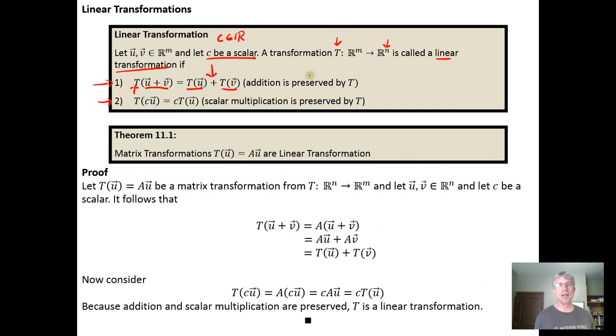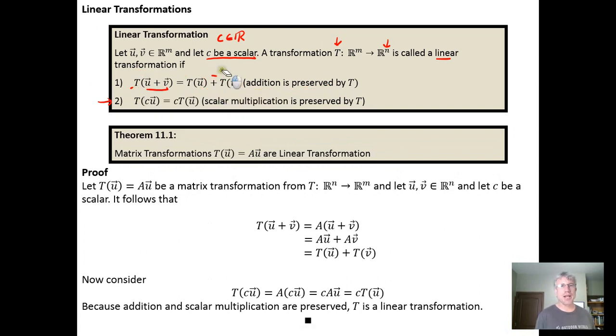So again, this is called addition preserving, and the idea is we want to get the same thing if we add first and then transform as we do if we transform the vectors first and then add the results.